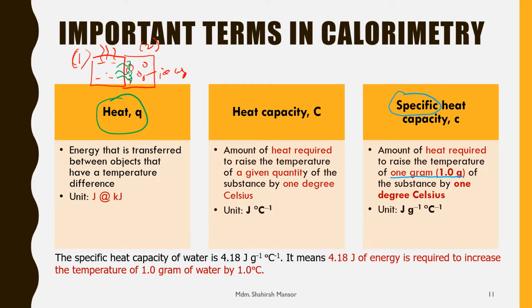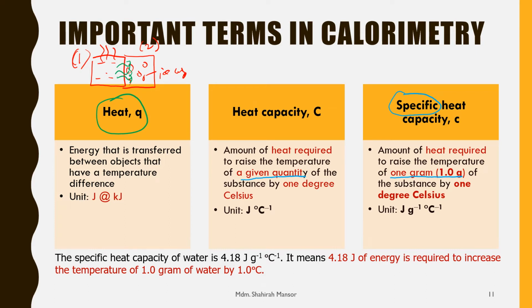Tetapi kalau untuk heat capacity ni, it is the amount of heat required, okay, heat yang diperlukan untuk nak menaikkan temperature of a given quantity. So dia tak ada refer kepada berapa gram of the substance tersebut, okay, by 1 degree Celsius.